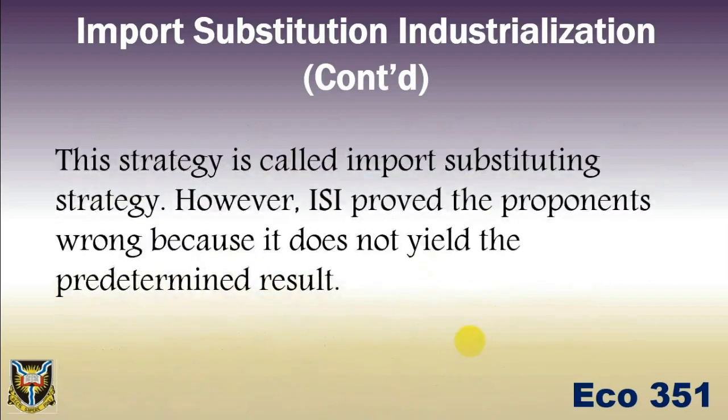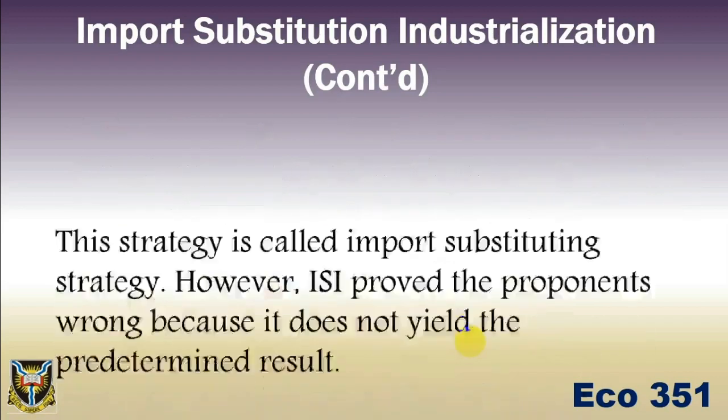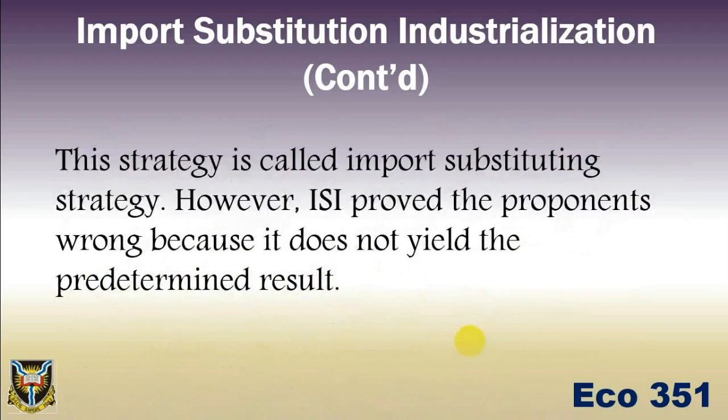In developing countries, the basic strategy for industrialization has been to develop industries oriented towards the domestic market by using trade restrictions such as tariff and quota to discourage the replacement of domestic products by imported products. This strategy is called import substitution strategy.